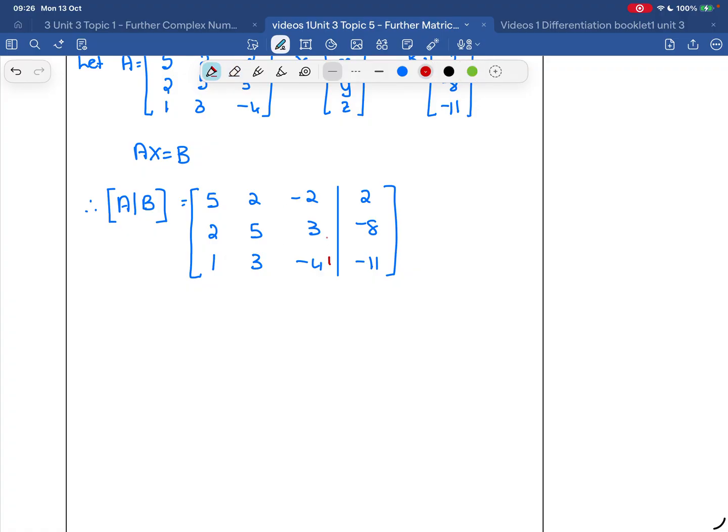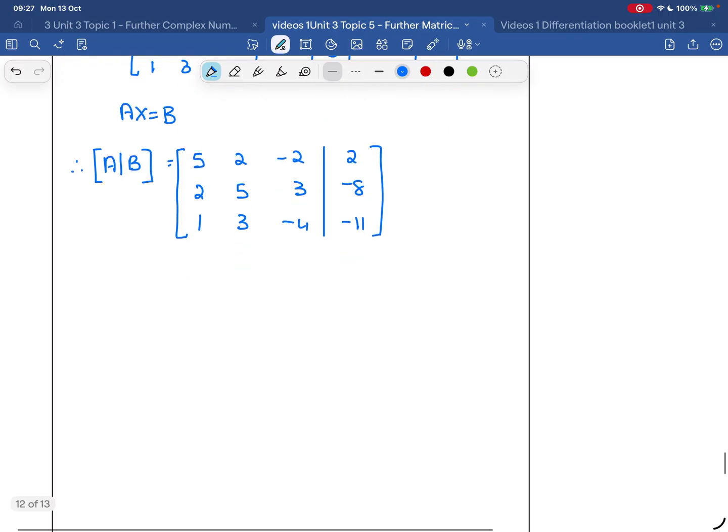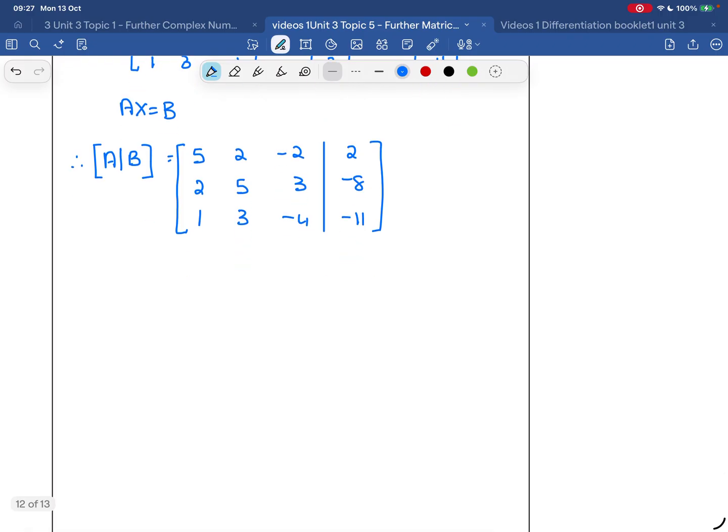Well, the first thing I can see is that if I moved row 3 up to row 1, so if I swapped row 3 and row 1, I could already have a 1 in my first entry in my main diagonal, right?